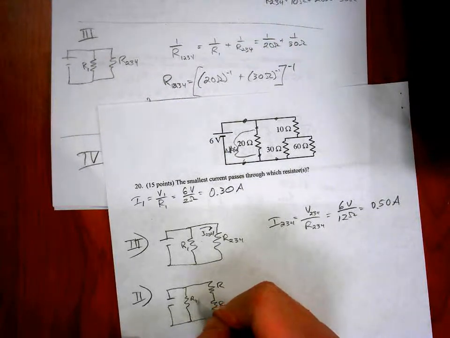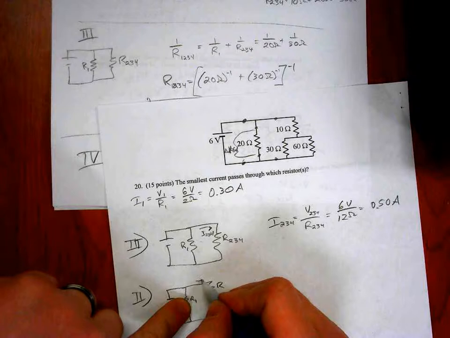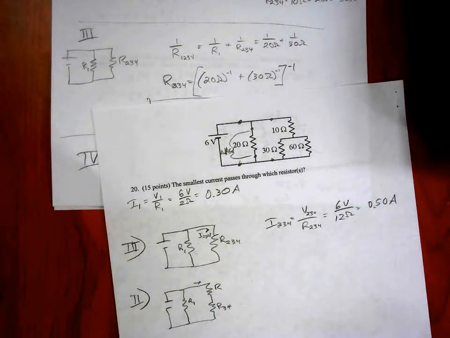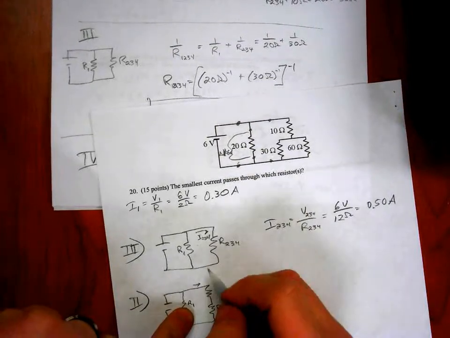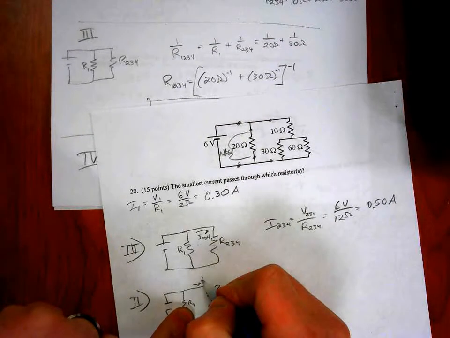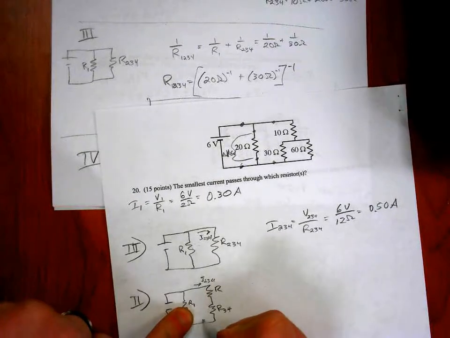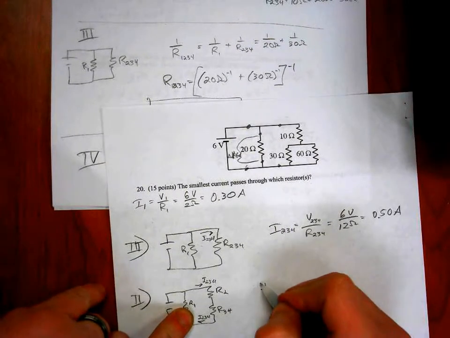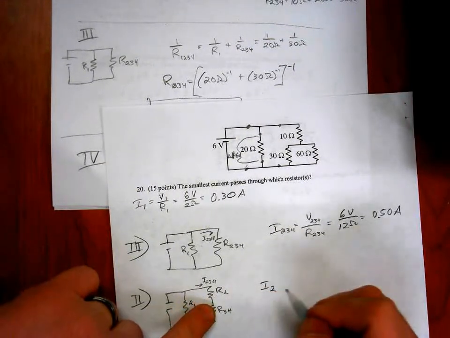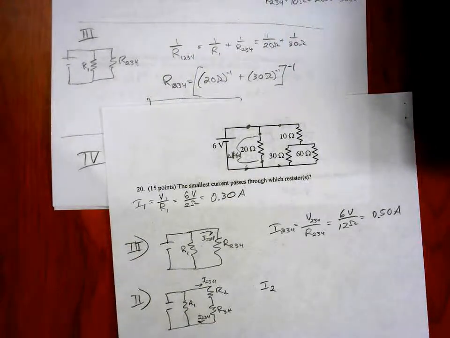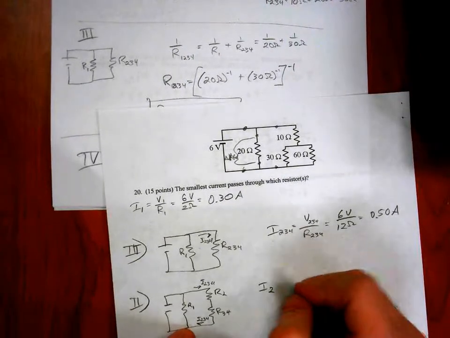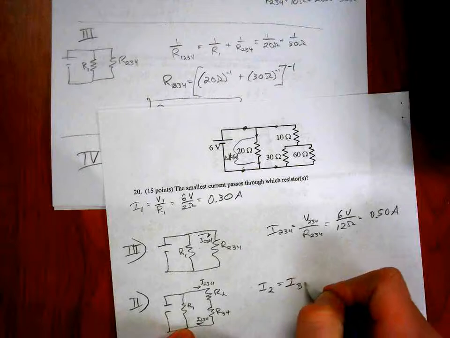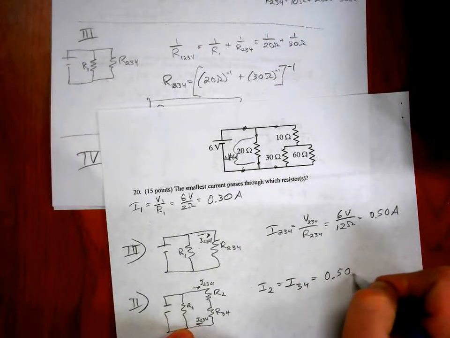We're not really going to care about R1 because we're just worried about the current in here. Okay, well, we know this I234 is going to equal I234 out, so the current through I2, it's going to be the same. So I2 is going to equal I34 equals 0.50 amps.